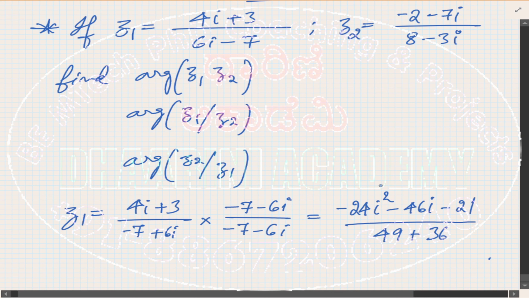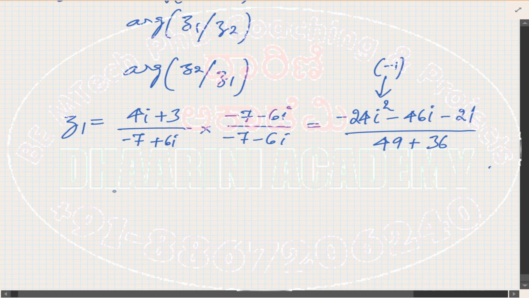See the numerator, there is an i square. You can replace i square by minus 1. Correct. So the numerator becomes now minus of minus 24 is plus 24, minus 21 minus 46i.